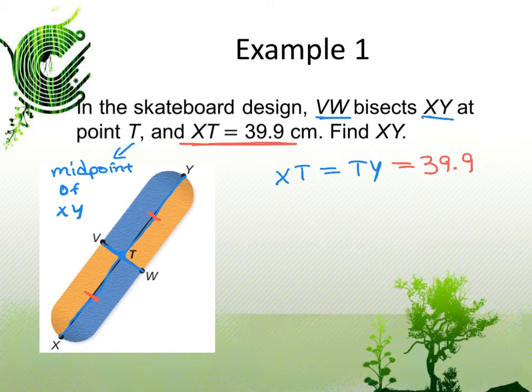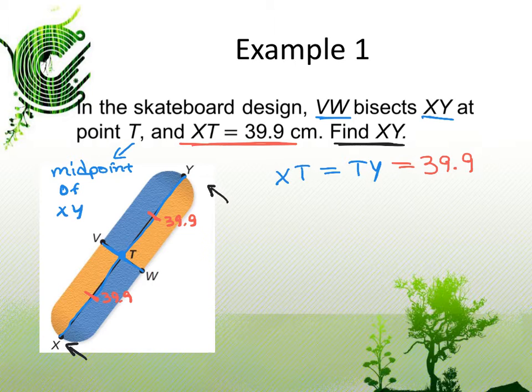So now it's asking me to find the length of XY. X is here, Y is here, so it's asking me to find the length of the whole thing. So what I need to do is, if I realize that this piece right here is 39.9 and so is this one, to find the length of the whole thing, we're just going to add the two numbers or multiply it by 2.